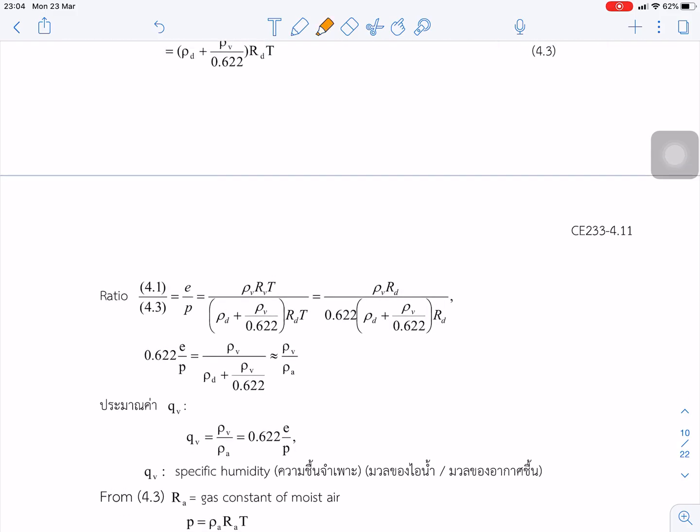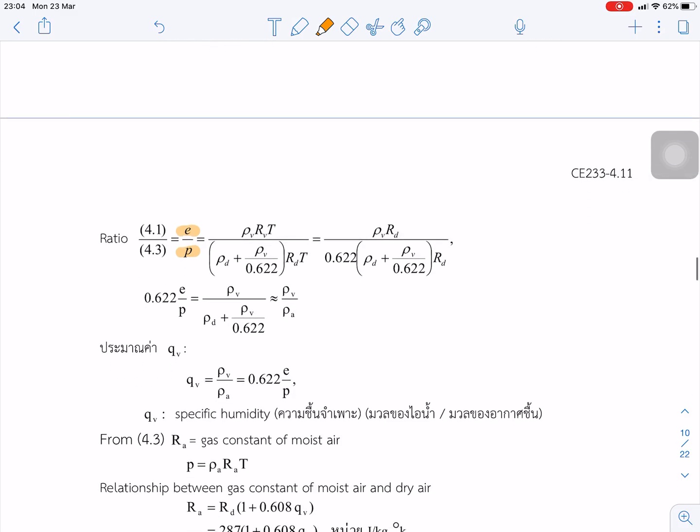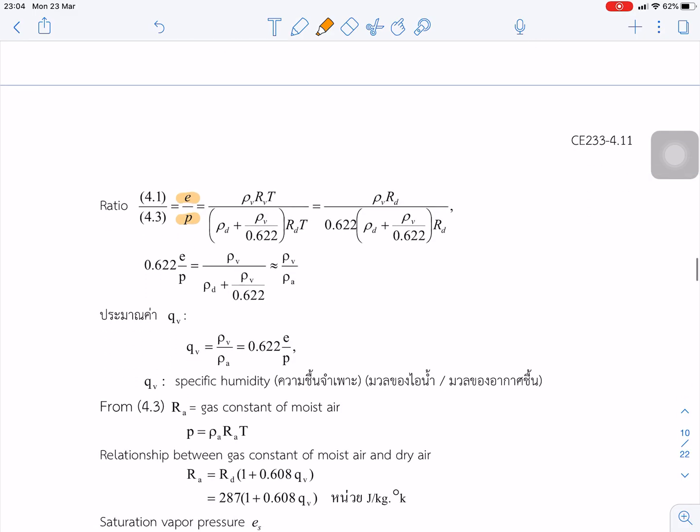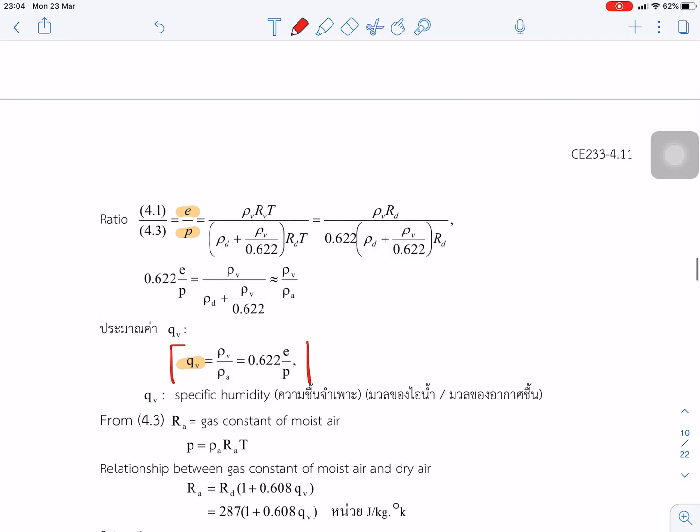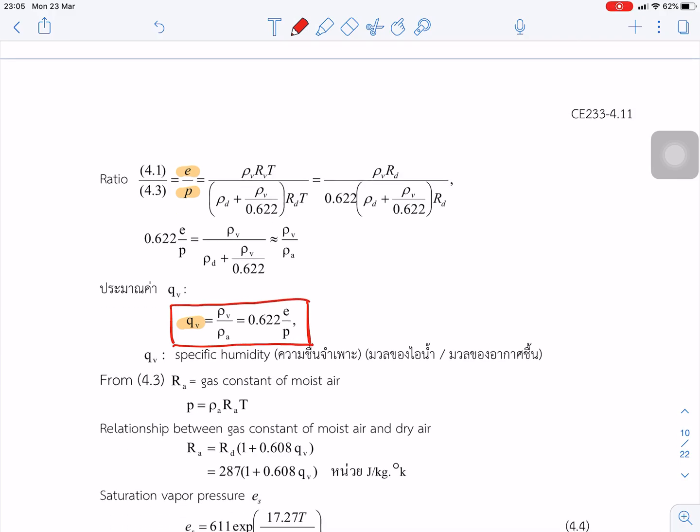Next, if we divide equation 4.1 by 4.3, the vapor pressure by the dry air pressure, we can introduce one parameter we call q_v. q_v is equal to 0.622 e over p. So q_v means the specific humidity.